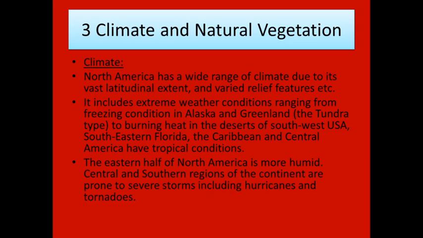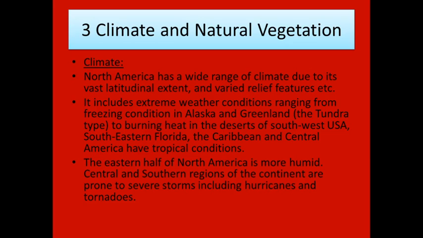It includes extreme weather conditions ranging from freezing condition in Alaska and Greenland, the tundra type, to burning heat in the deserts of southwest USA, southeast Florida. The Caribbean and the Central America have tropical conditions.